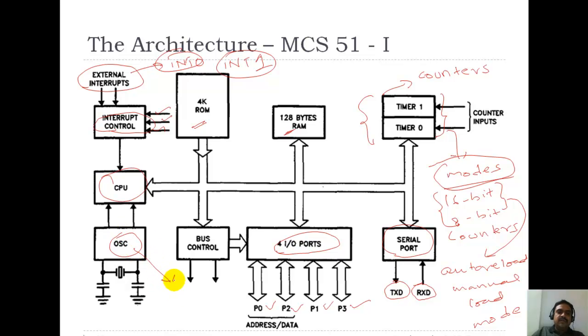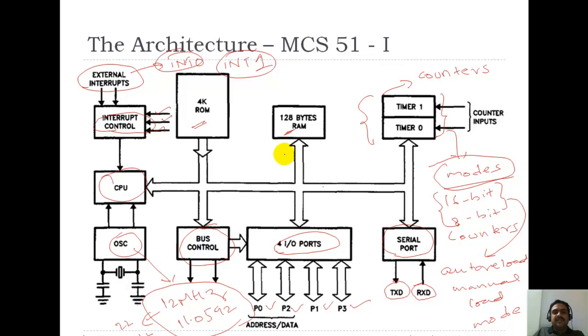Generally all 8051s are supposed to run at 12 megahertz, or to be precise 11.0592 in general, but there could be variations where some could run at 22 or 24, something like that. This is the bus control. It basically controls the bus, where, when, and what should be placed in the address bus and data bus. So this is the general architecture of 8051.